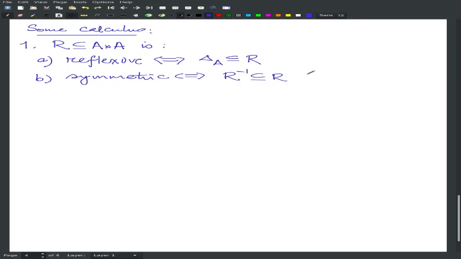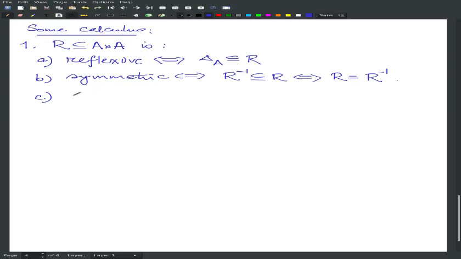So, as you can see, the inverse relation has some way to express the notion of symmetry.